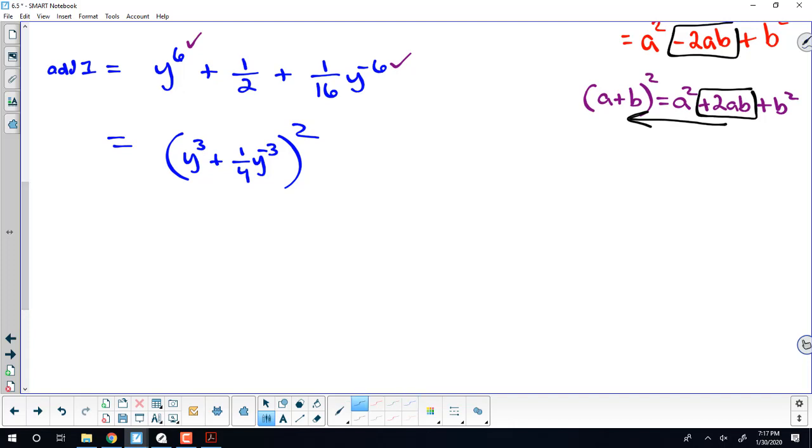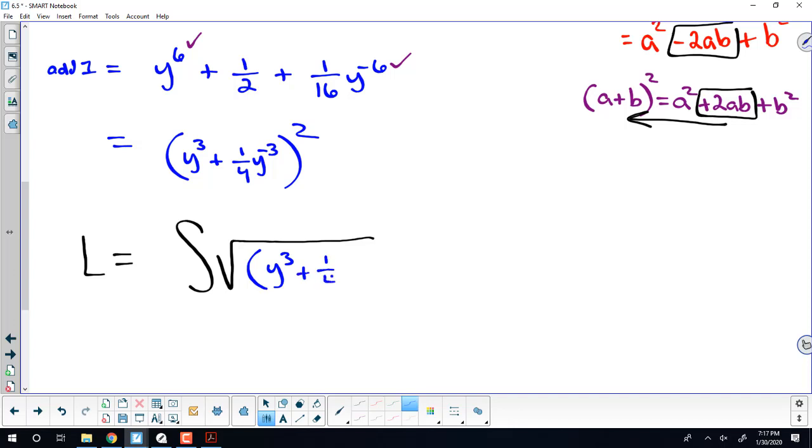So let's just write this out. Arc length is the integral, the square root of our derivative squared plus 1. So that makes things a whole lot easier for us to compute.